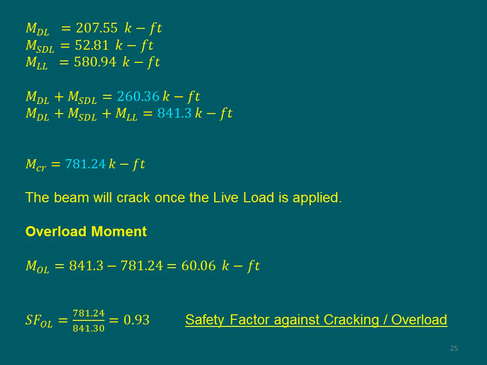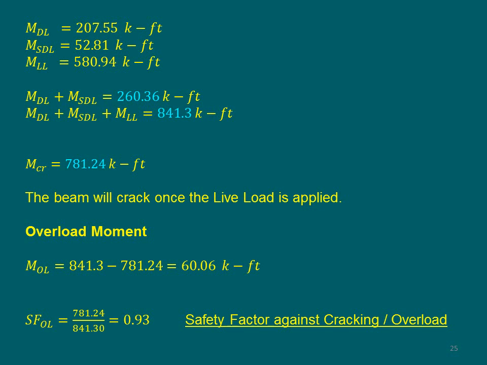Now we'd like to figure out how much this overload moment is, which means the difference between the total moment that you have due to the service loads and the cracking moment. The difference between the two, as you see here in the overload moment, is going to be about 60 k-ft, which means while you're applying the live load, before you complete 100% of the live load, the beam starts to crack.